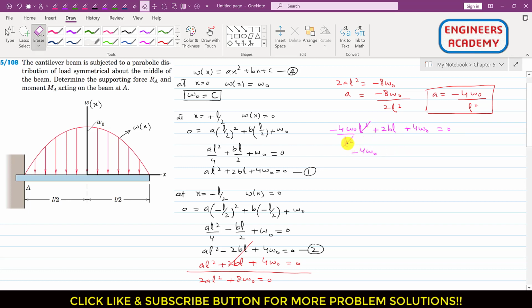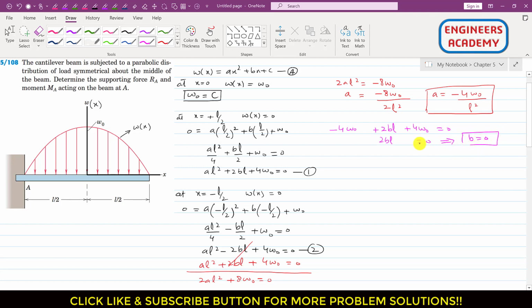Minus 4 omega naught plus 4 omega naught will become 0, so we can write this is 2bl plus 0 equals to 0, or we can say that 2bl equals to 0, and from this we conclude that b constant in equation A is 0, right?